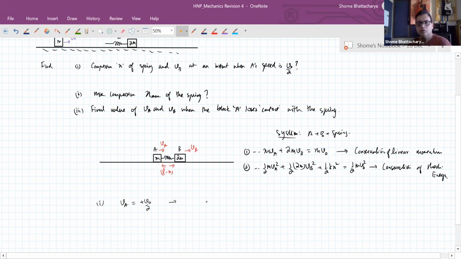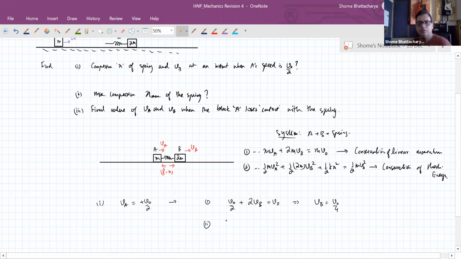So the first equation becomes V naught by 2 plus 2 times VB is equal to V naught. So the speed of this one becomes, as you can see, V naught by 4. And now substitute in the second equation.